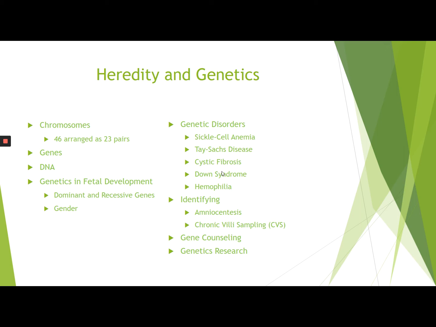Two common technologies used to test for genetic disorders are amniocentesis, a procedure in which a syringe is inserted through the pregnant female's abdominal wall into the amniotic fluid surrounding the developing fetus. Doctors can then examine the chromosomes in fetal cells taken from the amniotic fluid to check for genetic abnormalities or to determine the gender and age of the fetus.